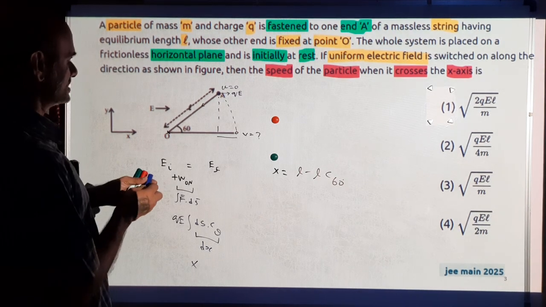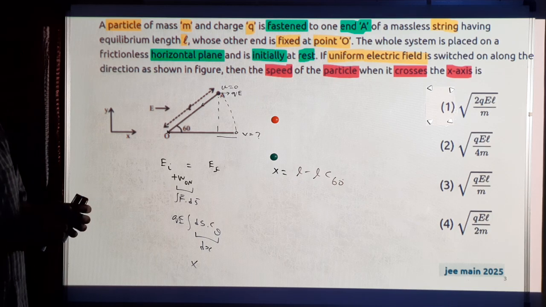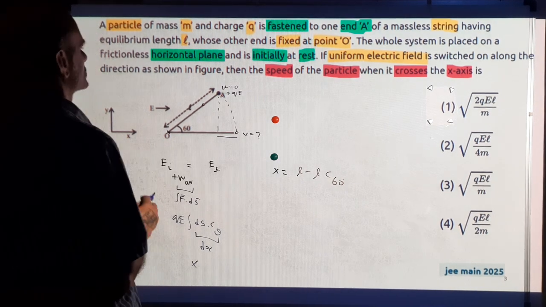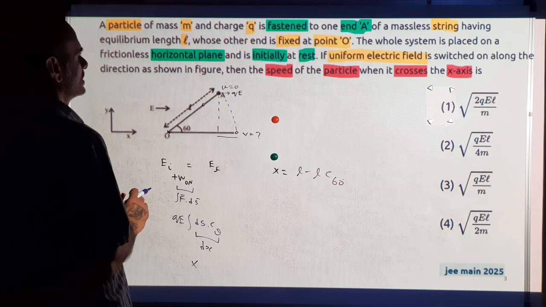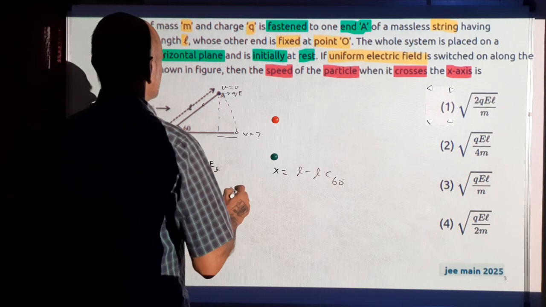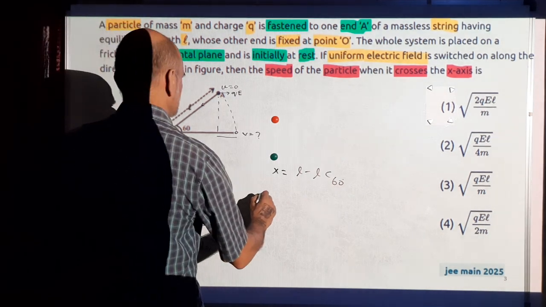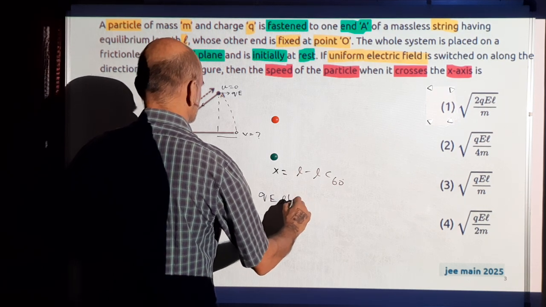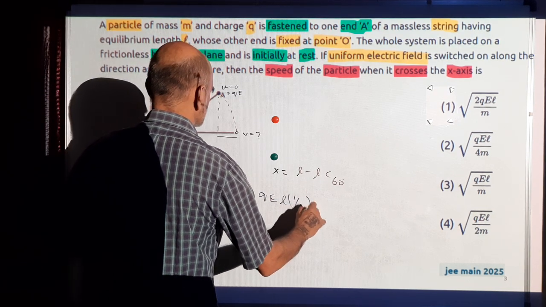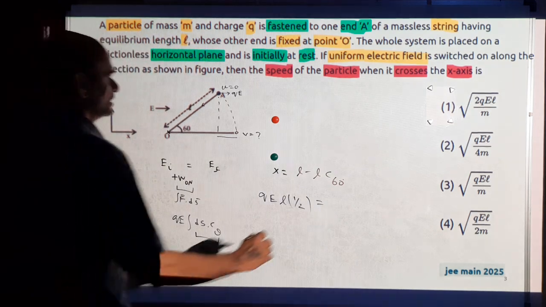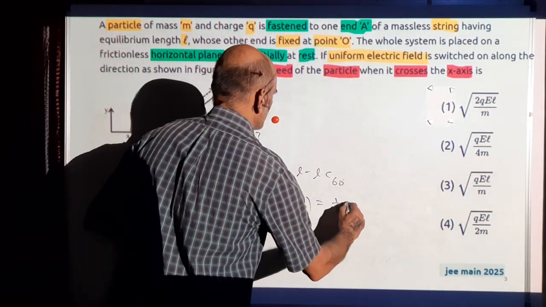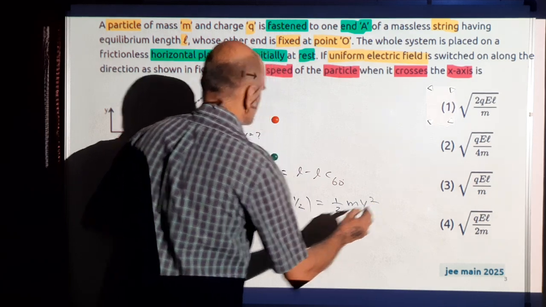So the initial energy is 0, because kinetic energy is 0 and there is no other form of energy, and the work done is force qE into L into 1 minus cos 60, which is half, because cos 60 is half. That's equal to the final energy, which is the kinetic energy, half m v square.